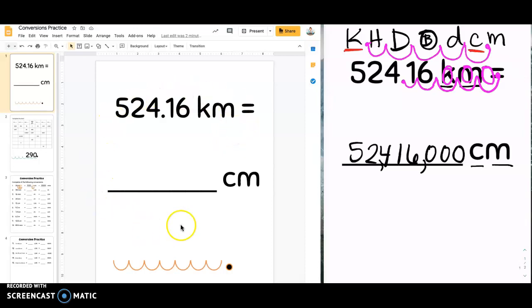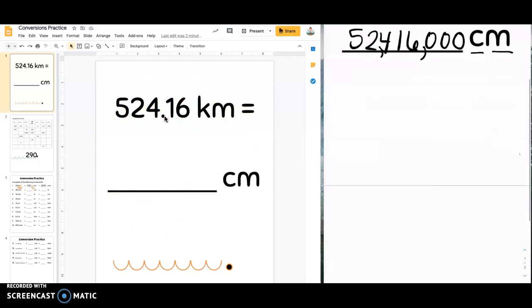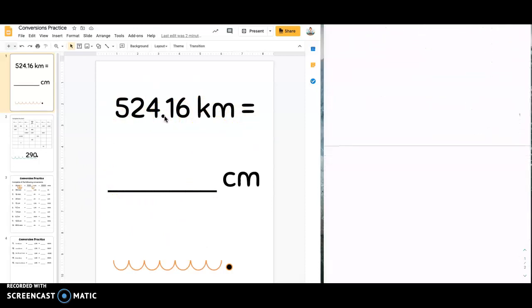Okay, if you want to do it right here on your screen, you're going to look right there at your decimal place. And if you look on the right side of my screen in my notebook, I am again going to write my prefixes out so that I can figure out how many jumps I'm going to make.